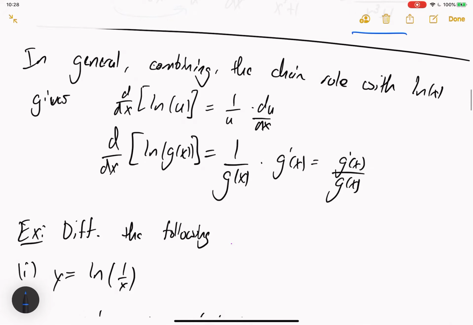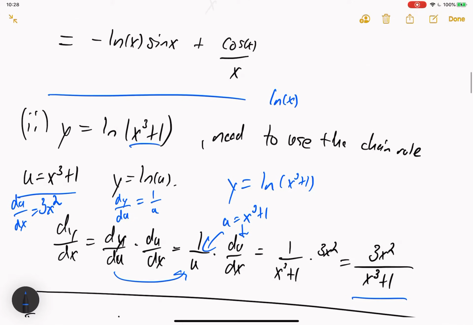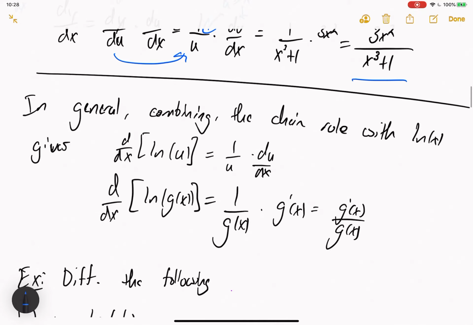So in general, what we did here, we had x cubed plus 1. So we actually have a general rule for whenever we have a function inside of ln of x. Remember, in general, d/dx of ln of u is just equal to 1 over u.